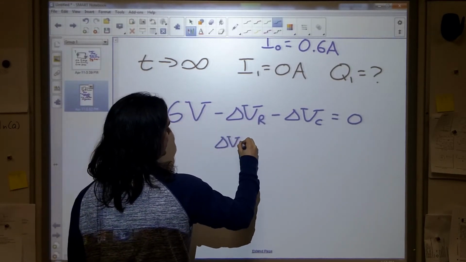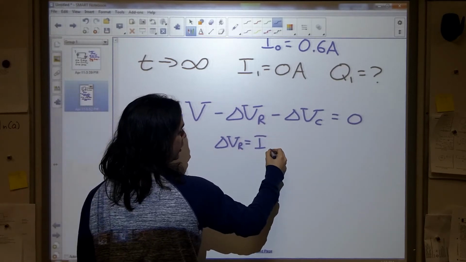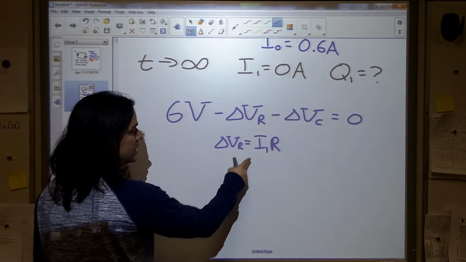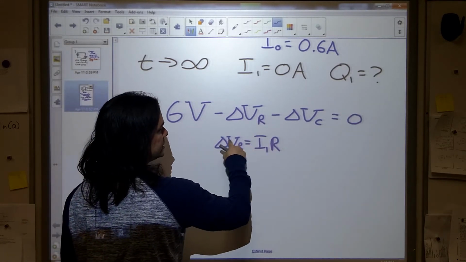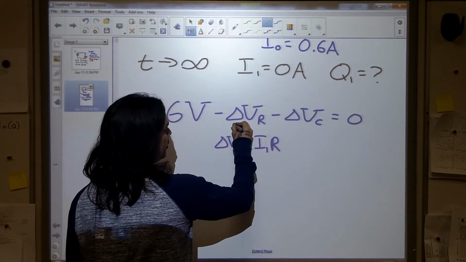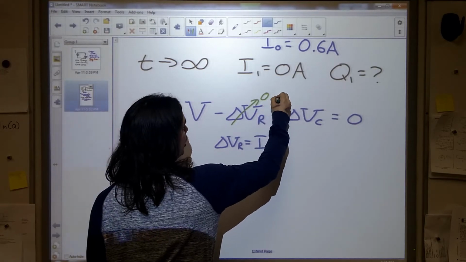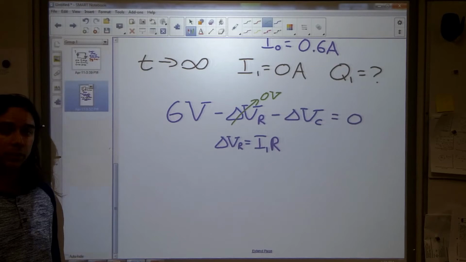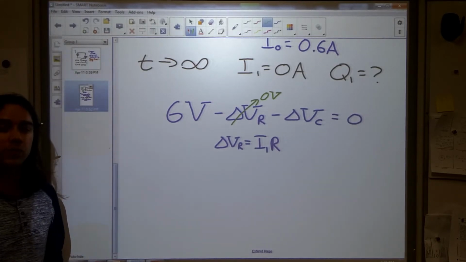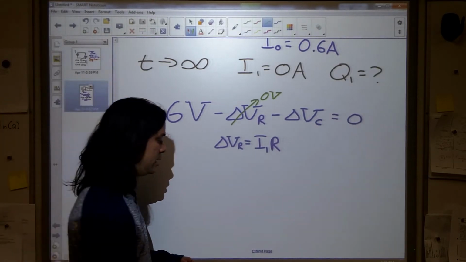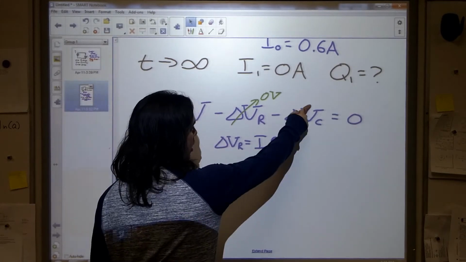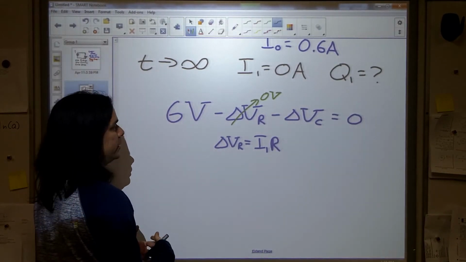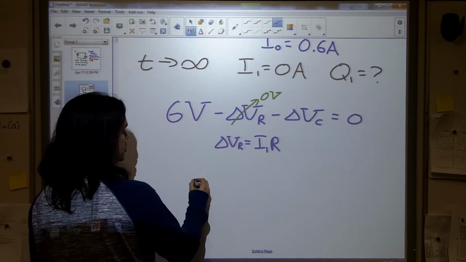And since delta VR will be equal to the current going through the resistor times the resistance, at the end, this is 0, we're actually going to find that there is no potential drop across the resistor because there's no current going through it. There's no charges bringing it energy. In fact, all the potential drop will end up over the capacitor. It has stored all the energy that it can hold under these conditions.